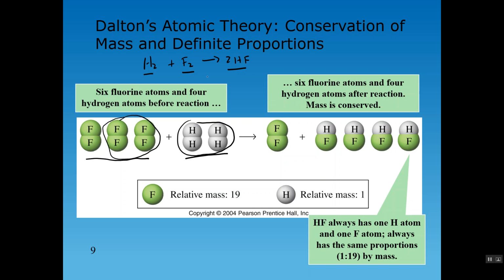And based on this equation, we can predict that 4 molecules of HF, hydrogen fluoride, will be produced, all right? So that means that this molecule of F2 here will be left over unreacted, as you can see here, all right?